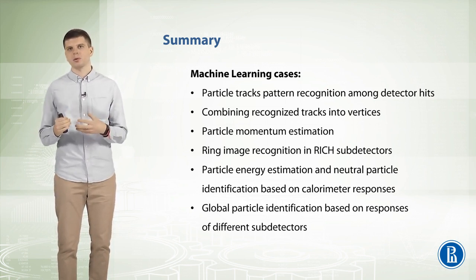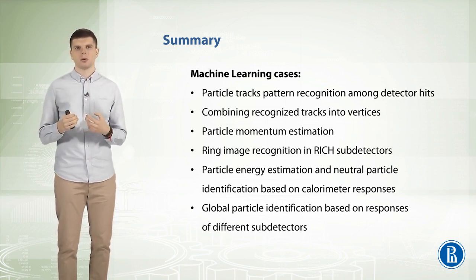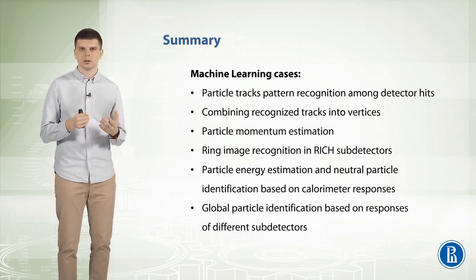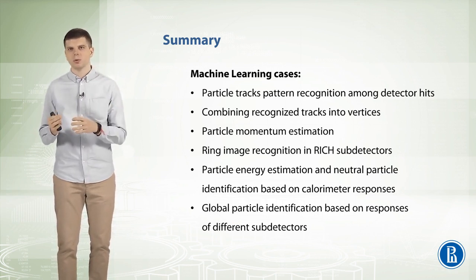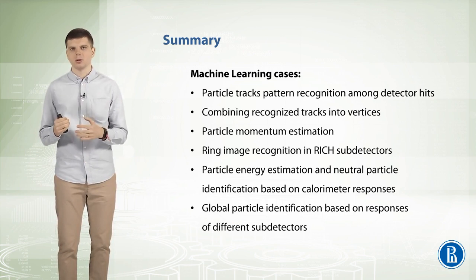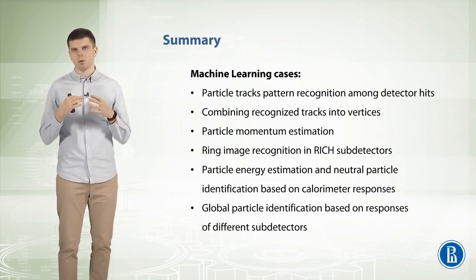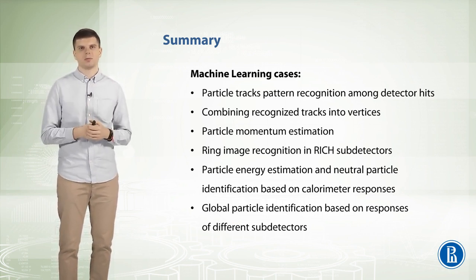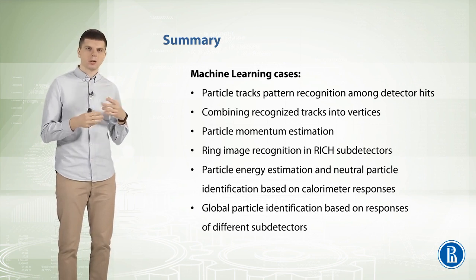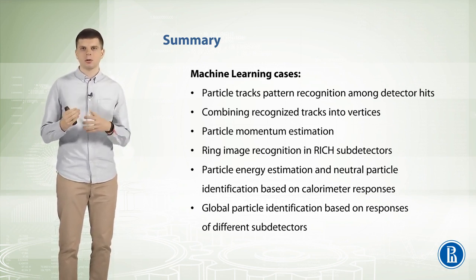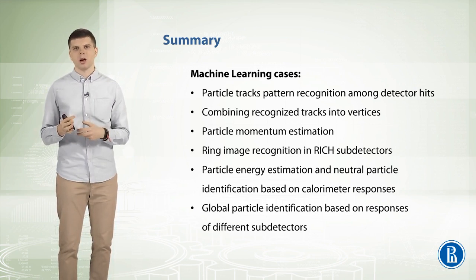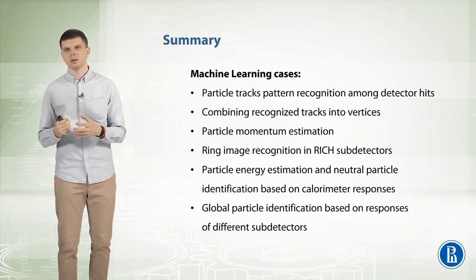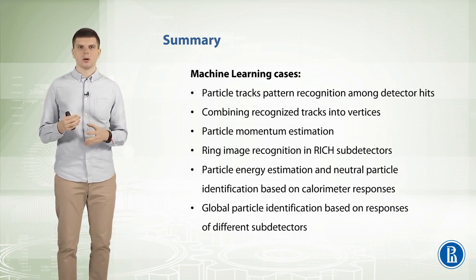Machine learning can help to increase precision of particle momentum estimation in tracking systems, or to improve ring image recognition in RICH subdetectors for better particle type identification. Particle energy estimation and neutral particle identification based on calorimeter responses are also examples of such cases.